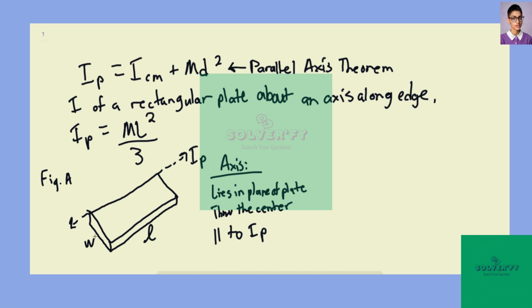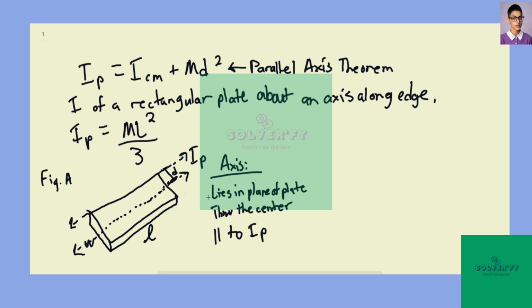And if you were to draw this, this would be the axis that they're talking about right here. And this would be straight, and we know that the distance on the other side here would be d.